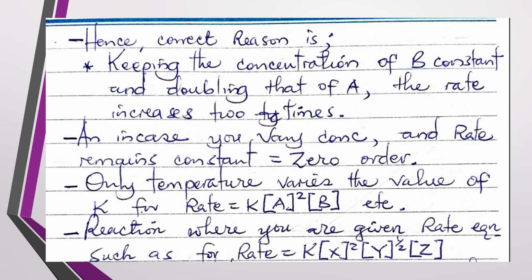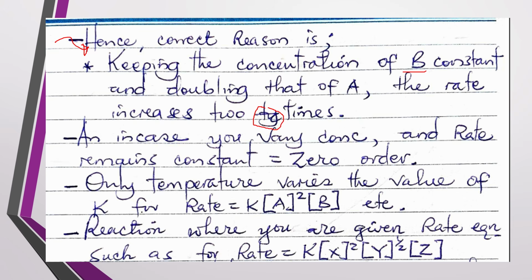So the full elaboration of that, in case you're required to make an answer and you're not required to do the calculation, you simply say that keeping the concentration of B constant, in case the concentration of B doesn't change, and doubling the concentration of the other reagent after considering the two experiments, the rate increases 2 times, but you avoid the word by. By means multiplication, and we are not multiplying.